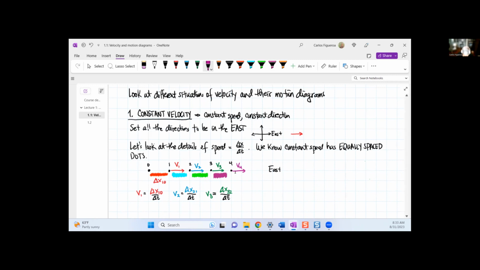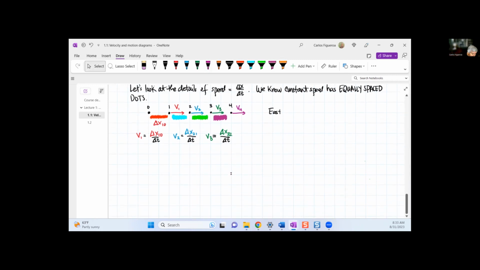So now we can define what we mean by a slower and a faster constant velocity. So here I go. If I have a slower constant velocity versus, let's say, a faster constant velocity, what should I expect to see?